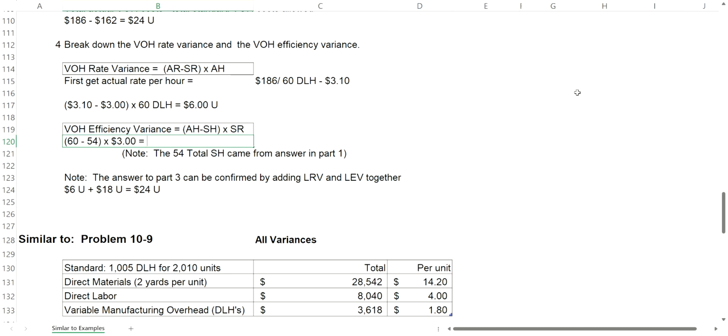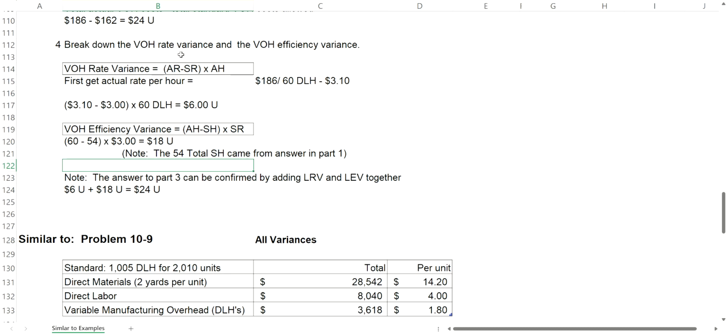Okay, so when we take 60 minus 54, that gives us a positive 6, times 3 gives us a positive 18. A positive number is unfavorable. So in this case, we have both unfavorable variances.